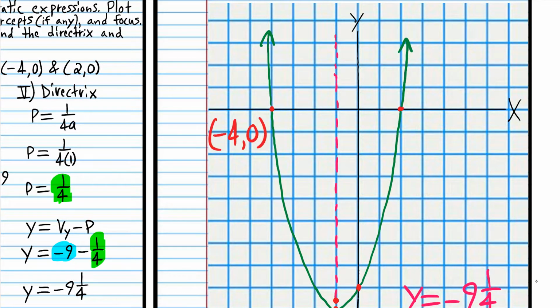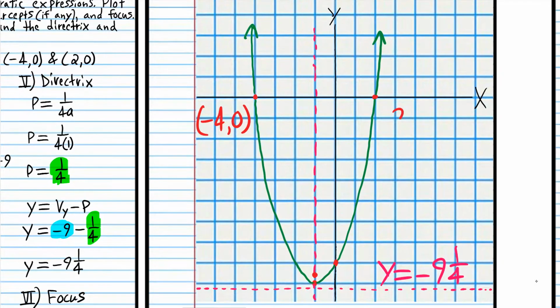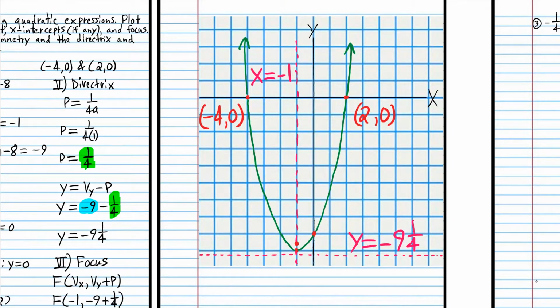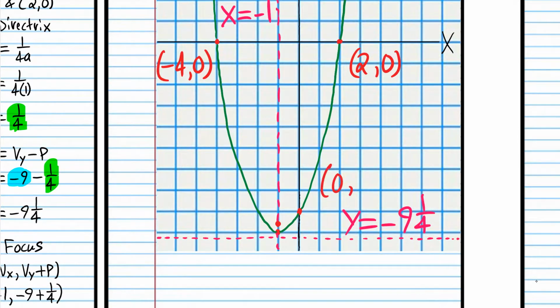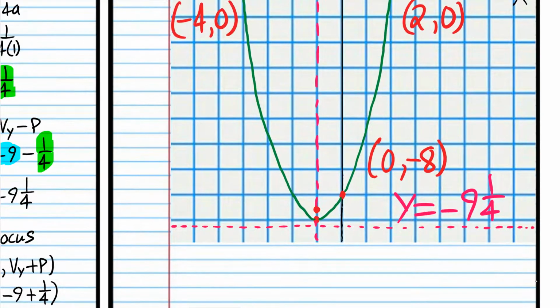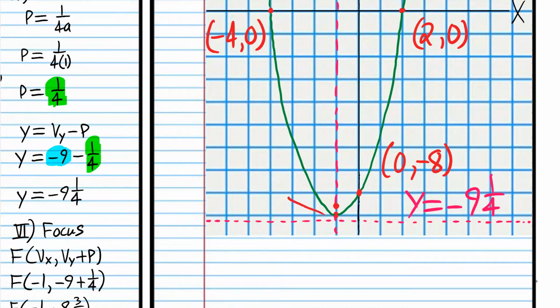Try to make enough room. Those are x-intercepts, and the line of symmetry is x equals -1. And the y-intercept is 0, -8. And the vertex, which we're going to label V, is -1, -9.